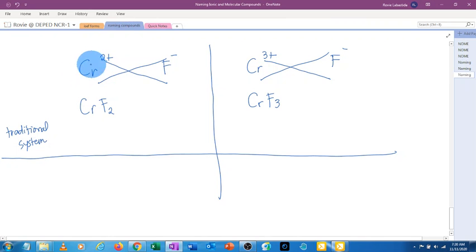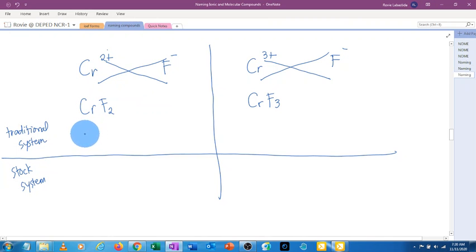If you notice, chromium here can have 2 positive or 3 positive. Okay, and then we will proceed with the stock system, or using the Roman numeral to indicate the charge of the cation. So let's use the traditional system first.